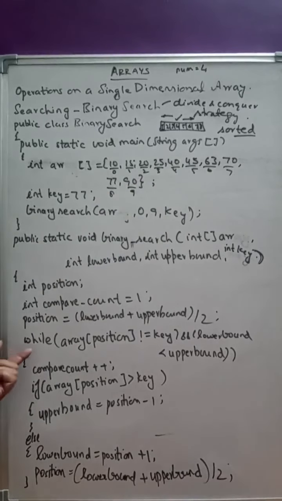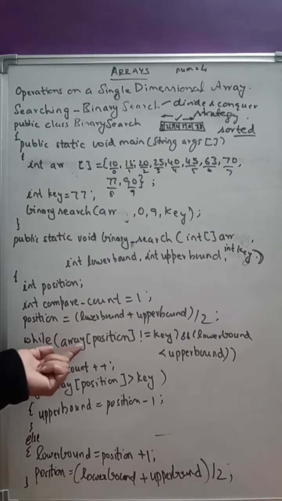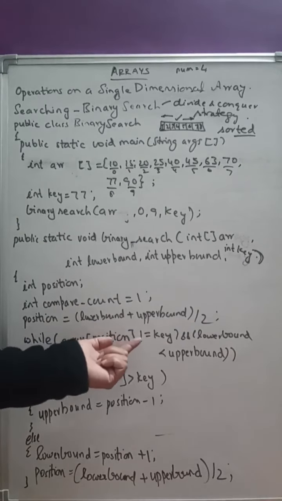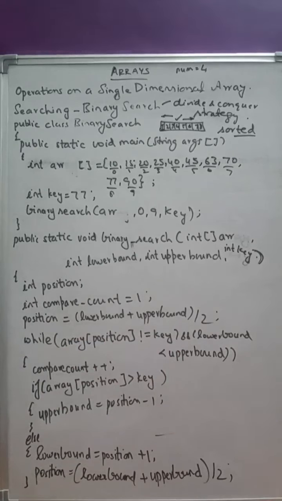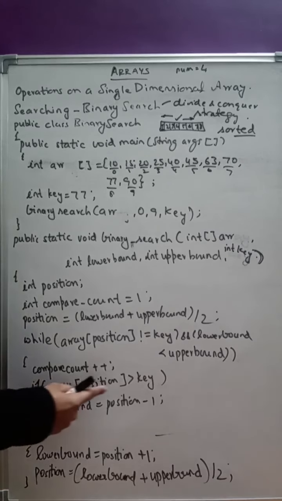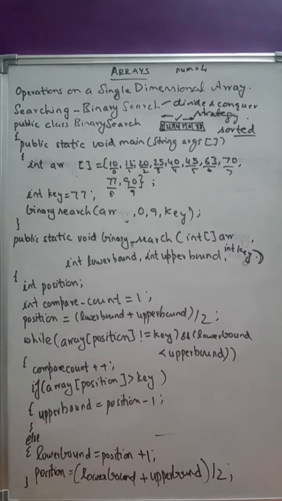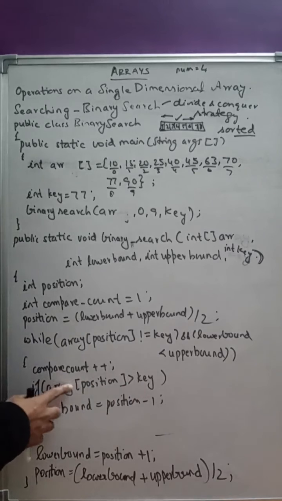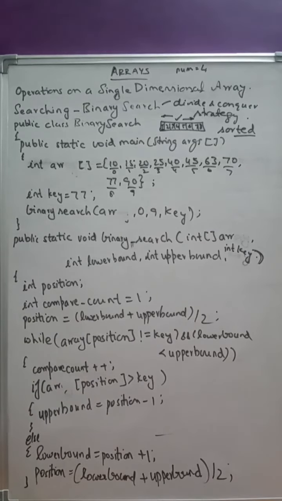Now the while condition is written, which checks that the array position is not equal to key and that the lower bound is less than the upper bound. Then, if the array position value is greater than key, you reduce the upper bound.